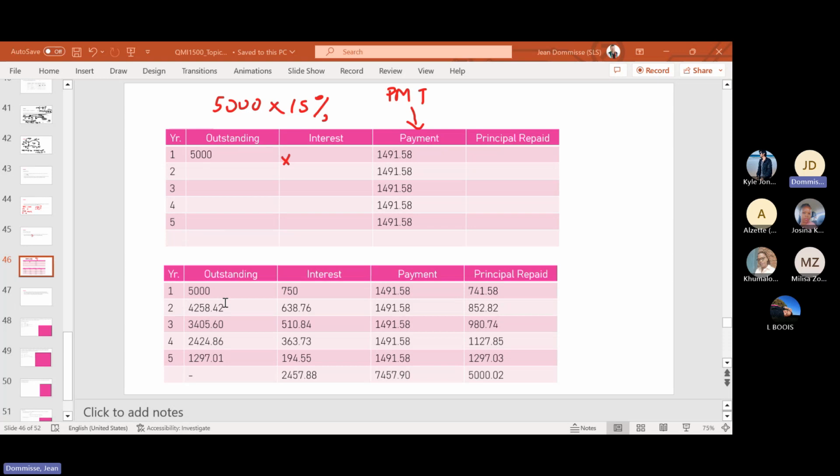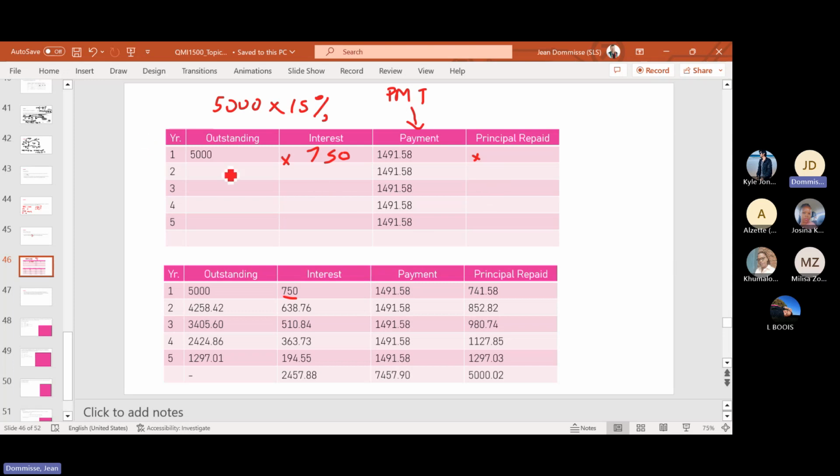If we do 5,000 times 15%, we get 750. You see there is a 750. So what now happens is that we need to calculate the principal repaid.